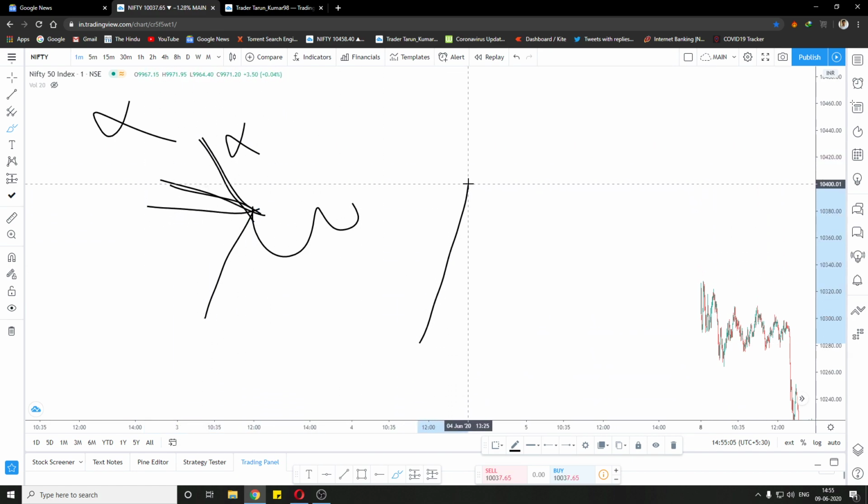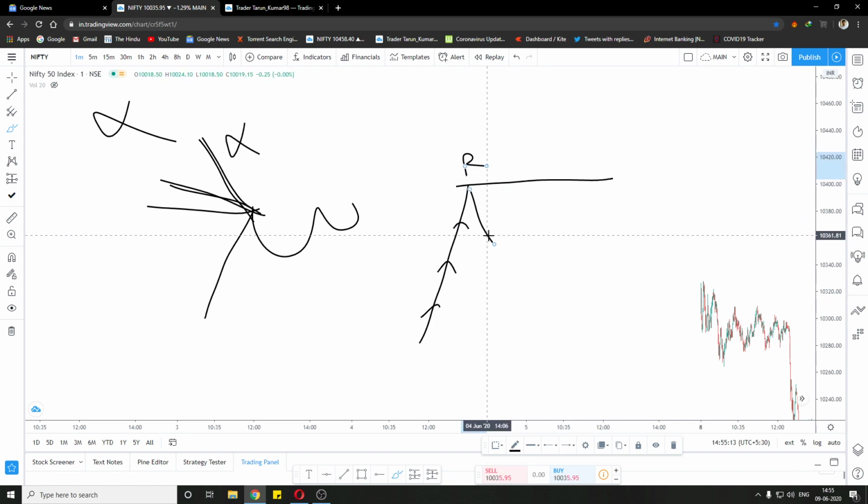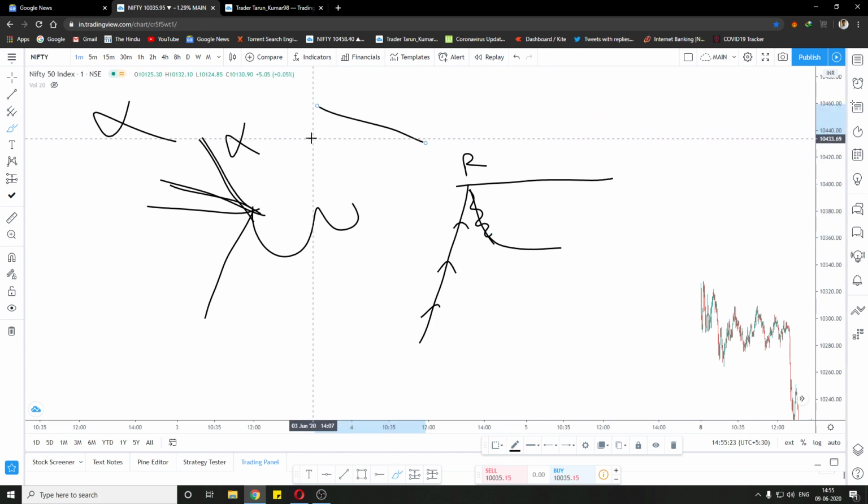This is a continuation pattern: we had an uptrend, then finally we hit a resistance, and we had selling, but the selling was very weak, and the market is not able to even make swings.